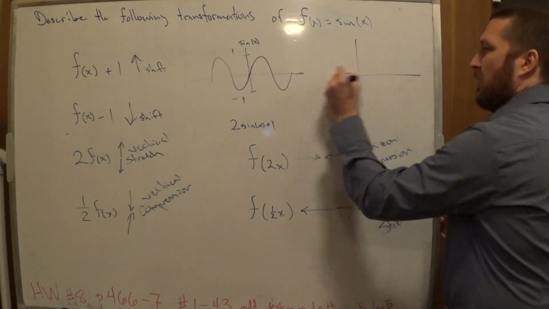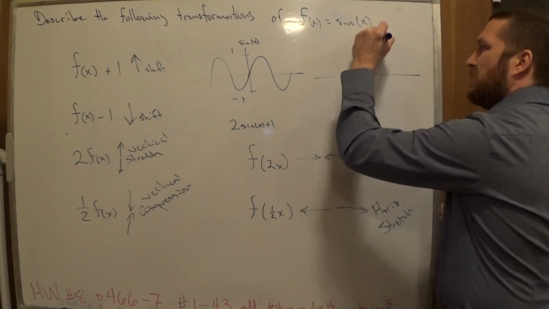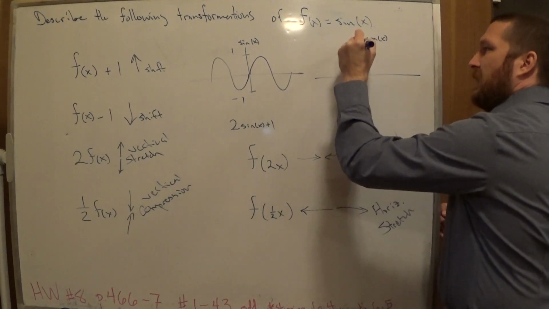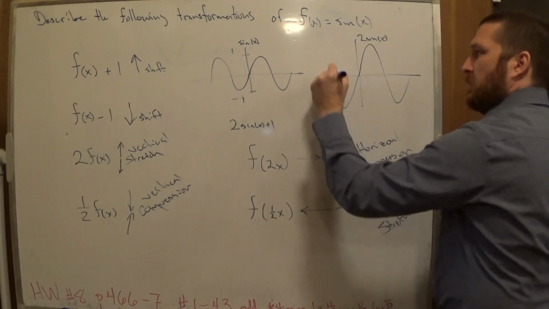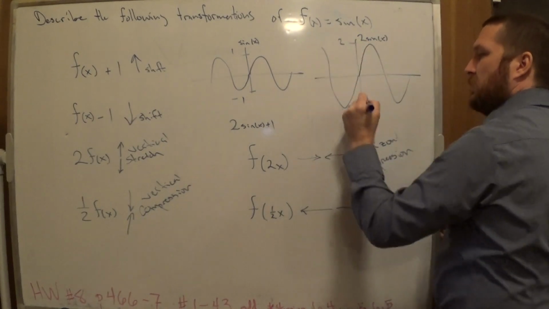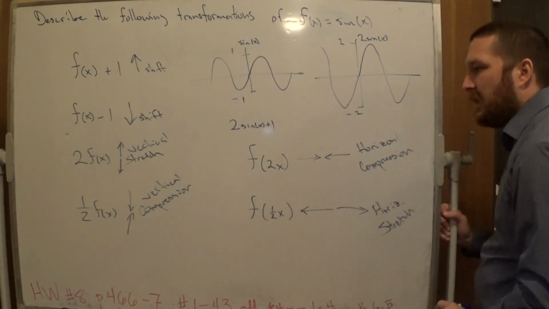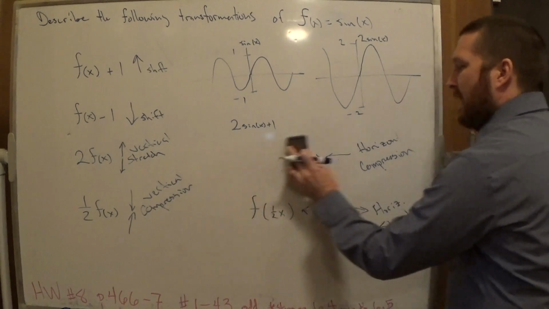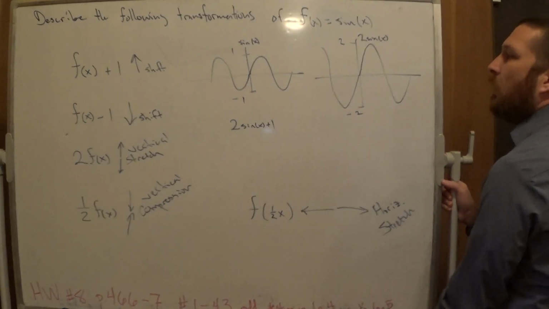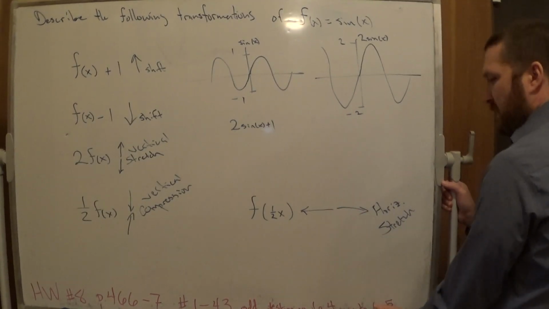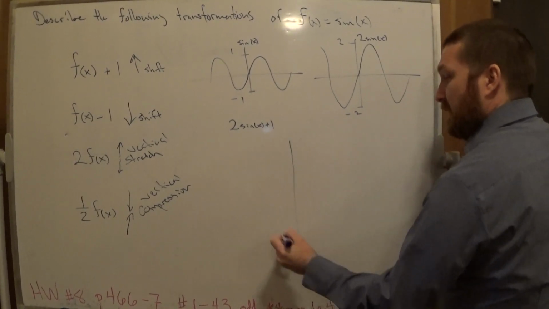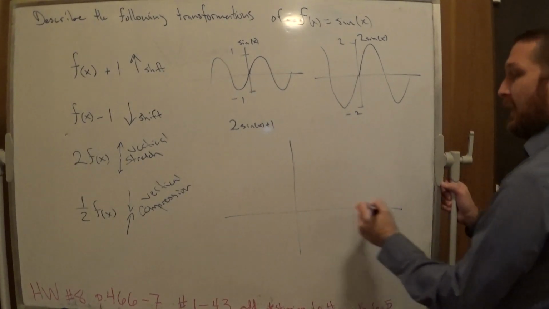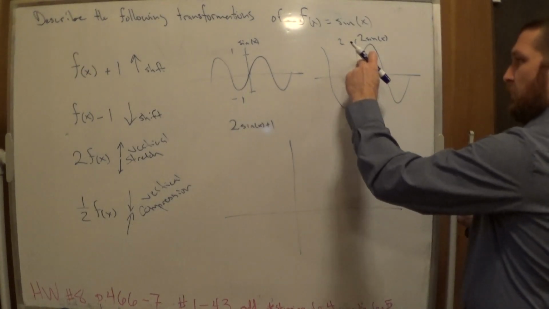So we take our original and we go 2 sine x. We stretch it up now to 2 and down to -2. Ditto here, right? And so it goes up to 2, down to -2. And then we're going to add 1 to that guy. So what is that going to do to this graph? It's going to be at 3 and -1. There you go, right? And so the way I like to do it is I'd say, well, this would move up by 1.